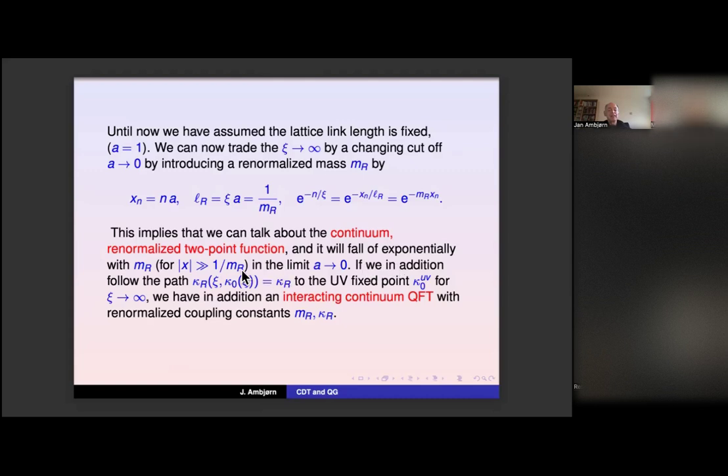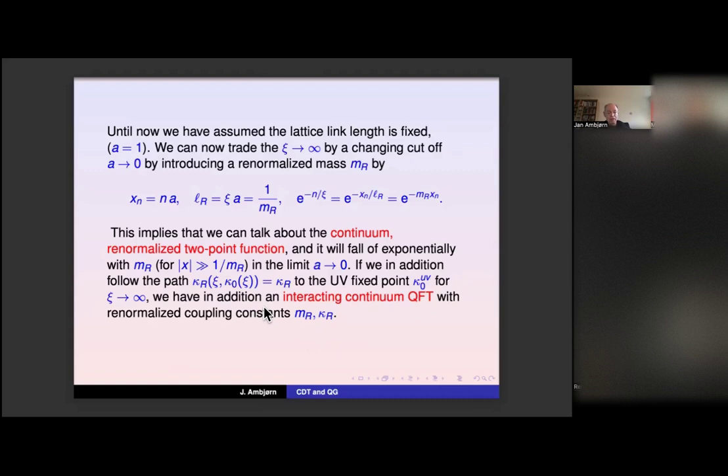Now, if in addition we can follow a path, as I described before, such that the renormalized coupling constant stays fixed when we change the bare coupling constant and the correlation length goes to infinity, if this can stay fixed all the way to the UV fixed point, then in addition we have an interacting continuum quantum field theory with these two renormalized coupling constants, m_R and κ_R.